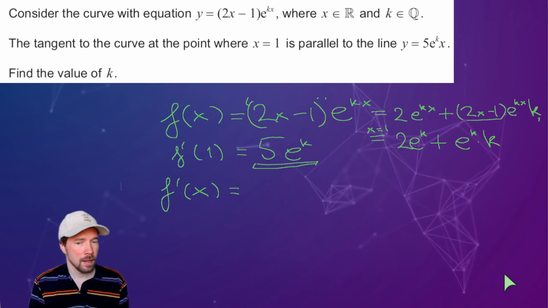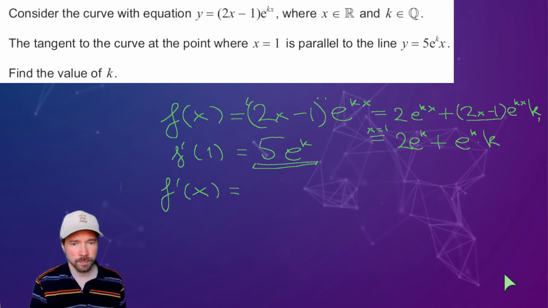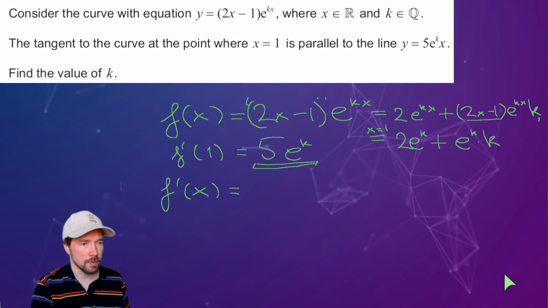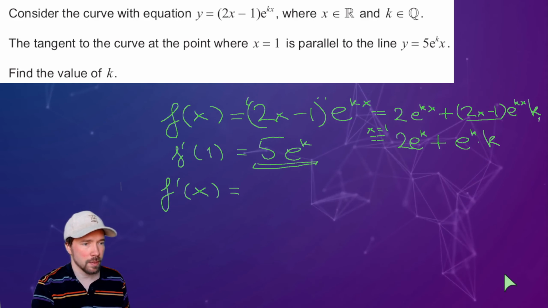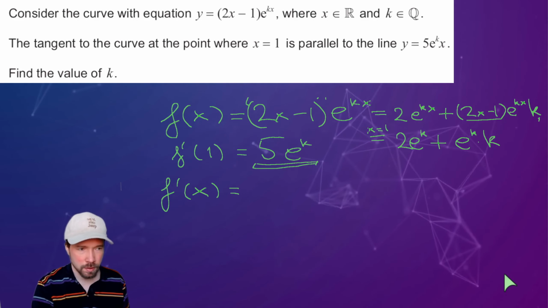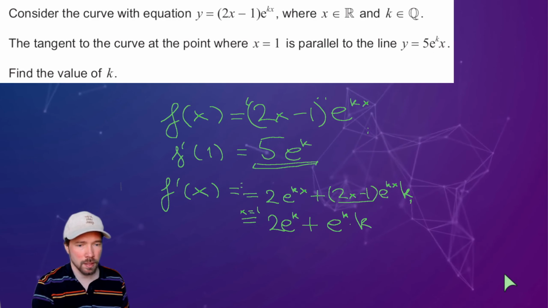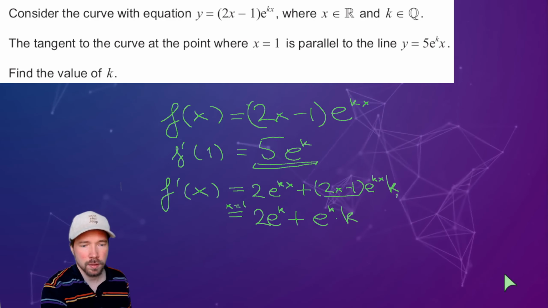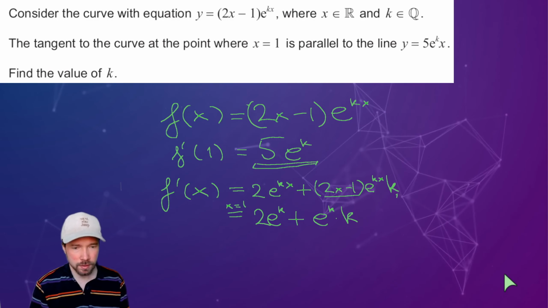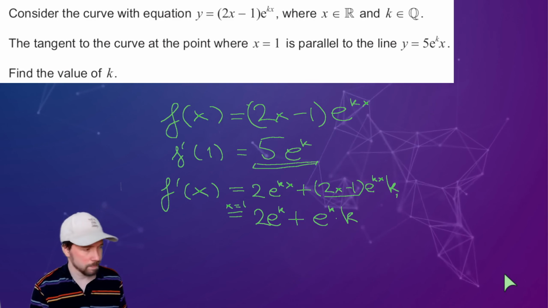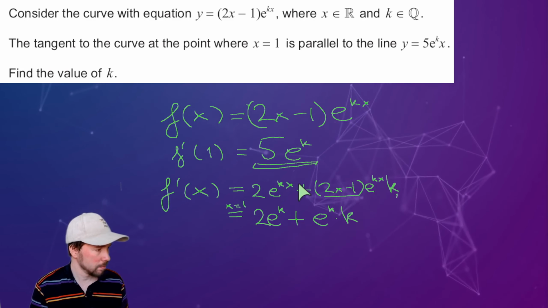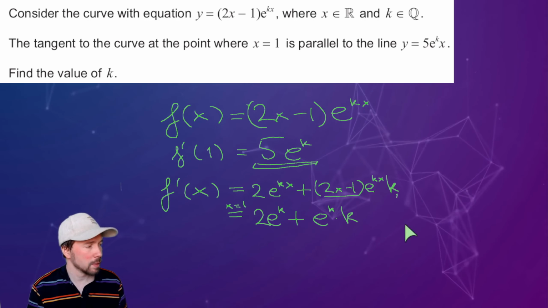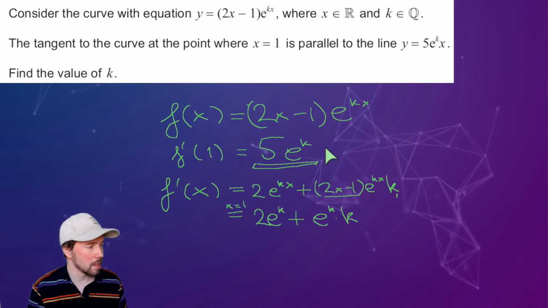I'm sorry, this is wrong. This was never meant to be here; this was meant to be here. The derivative indeed is this, and when we substitute 1 we get this, and it's supposed to be the same as this.